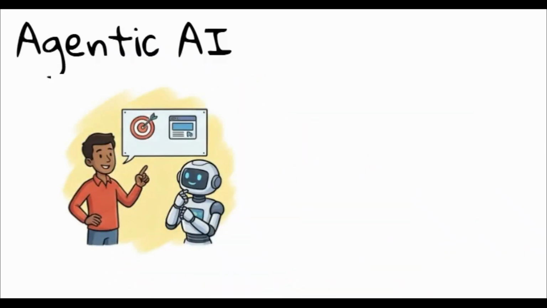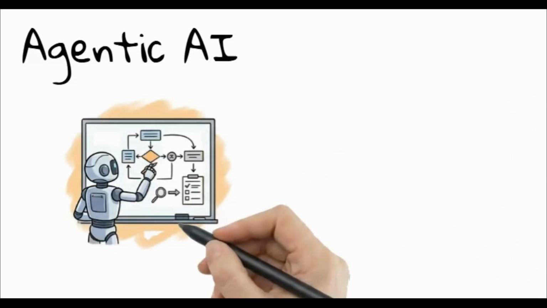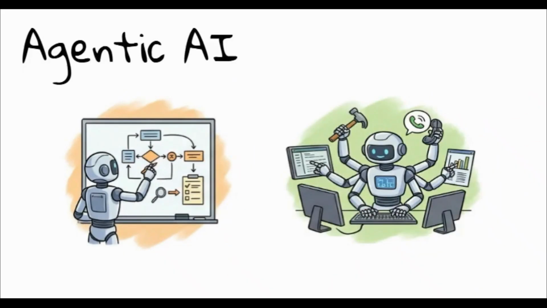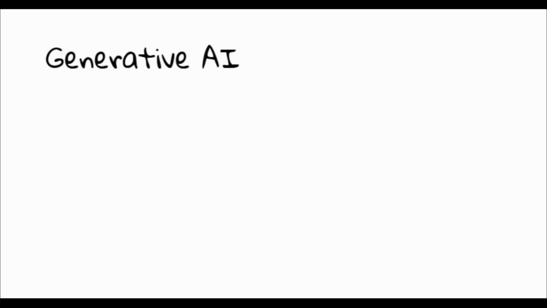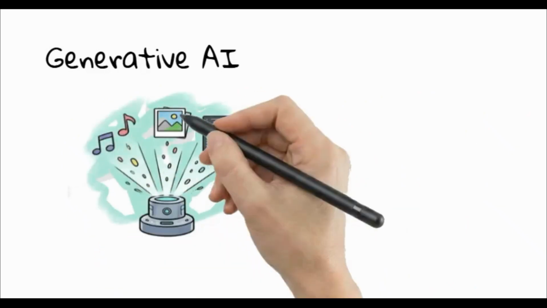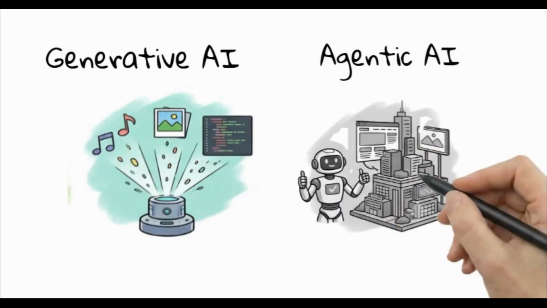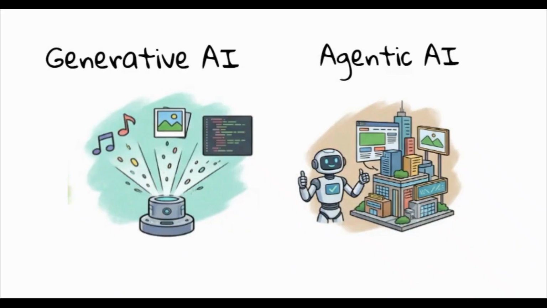You give it a goal, and it figures out how to reach that goal on its own. It makes a plan, makes its own decisions, and uses different tools to finish a long, multi-step job. So, simply put, generative AI generates text, images, music, and videos, while agentic AI does things for you, like developing a website using vibe coding.